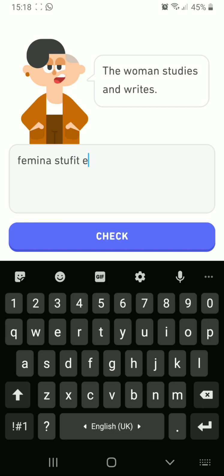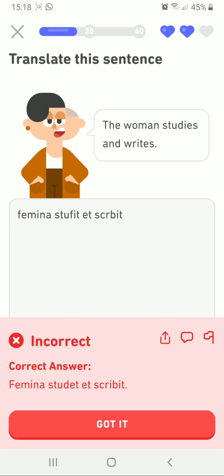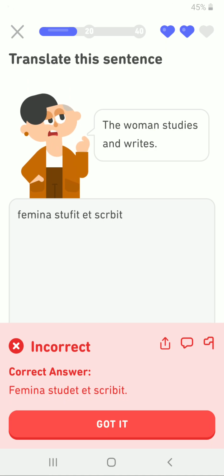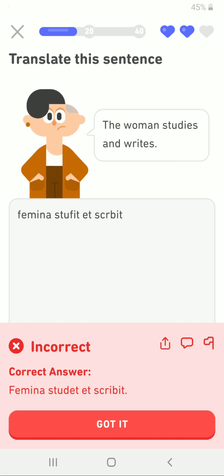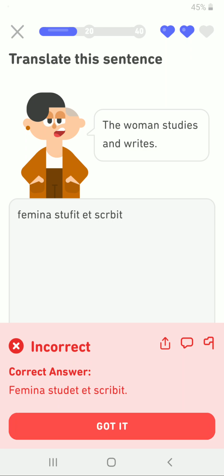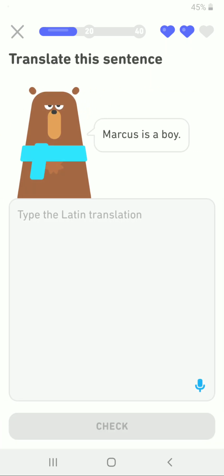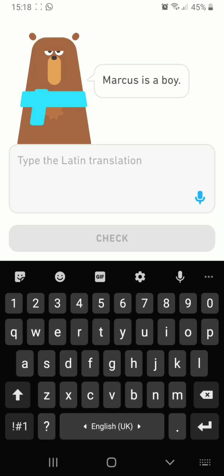And scribit. Oh, so I made a mistake. You see, femina studet. I made some typos there anyway, but scribit. Yeah, studet et scribit. Okay, first error here.